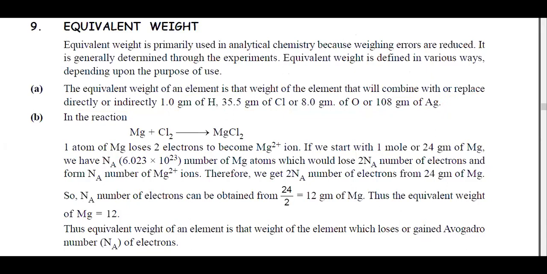Now if you see this example, when you talk about moles, 1 mole of Mg reacts with 1 mole of Cl2 to give 1 mole of MgCl2. But when you talk about equivalent, what is the weight of this Cl2? It is 71 grams.